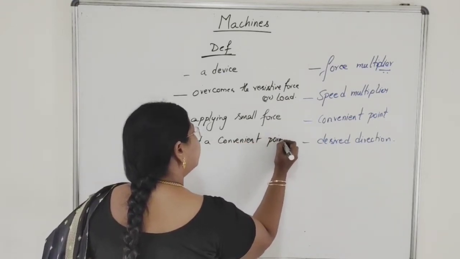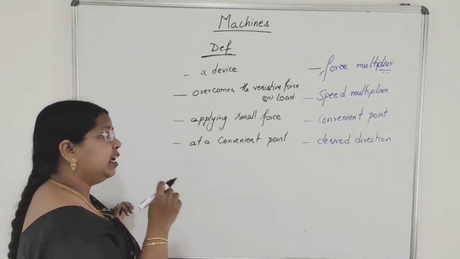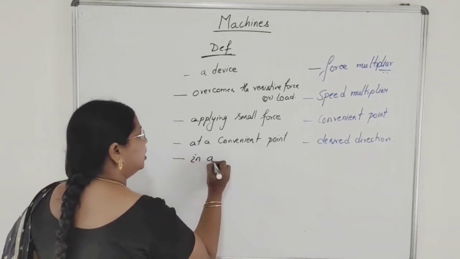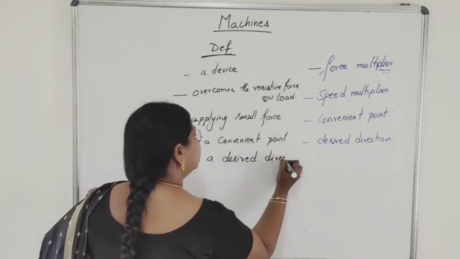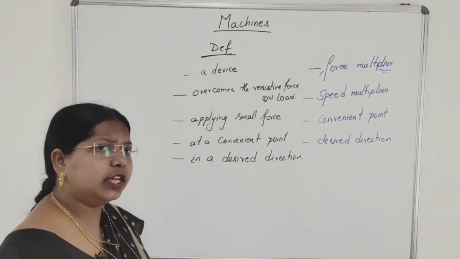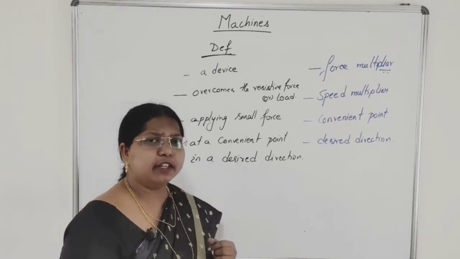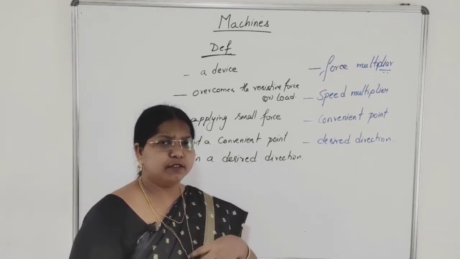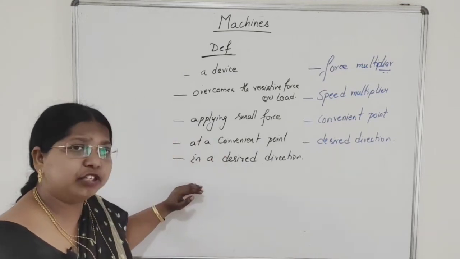At a convenient point, in a desired direction. It means if you want it changed to downward, we will change it according to our wish. We will change the direction of effort applied. Effort means the force that we are applying on the machine. So this is the definition of machine.